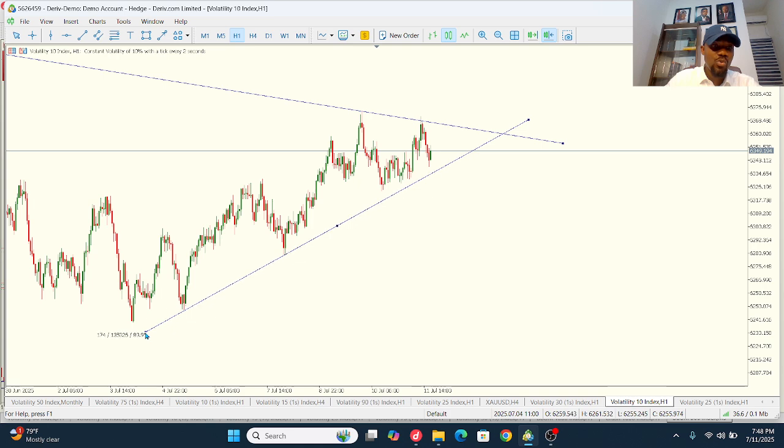So before we can sell, we now have to wait for this bullish market to end. This bullish movement, we have to wait for it to end by breaking out of this trend line. It will break out and retest it. When that happens, then we can go in for a sell.